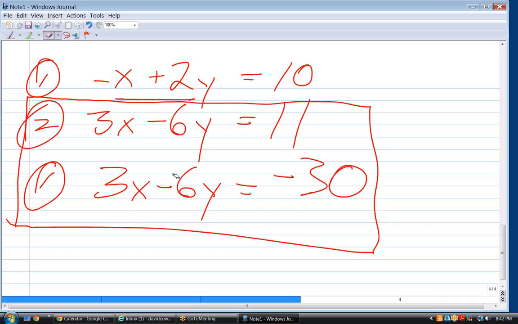The left side of each equation is the same, the right side is different. That means no solution. If I were to subtract these two equations right now, I would get 0 equals 41. But that doesn't work. It's not true. 0 is not equal to 41, and that means there's no solution to this.